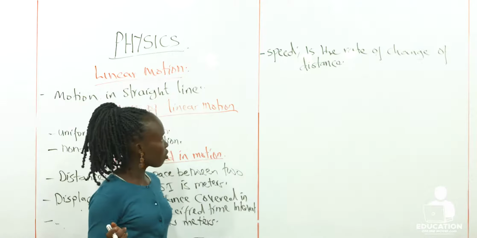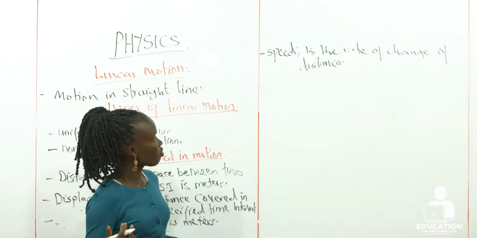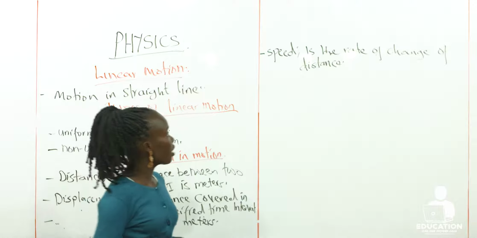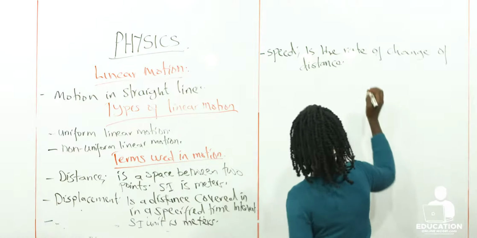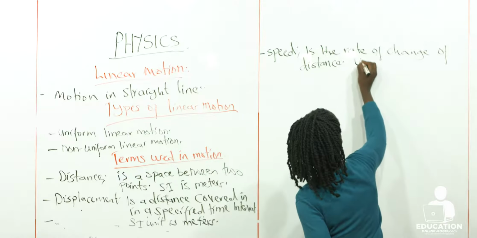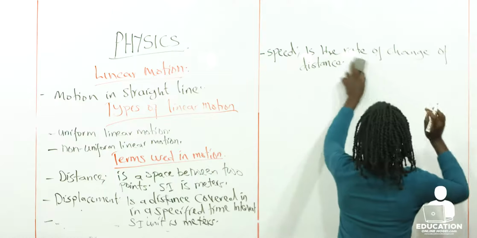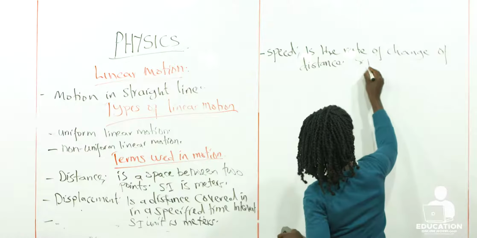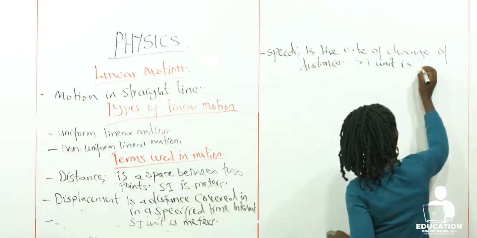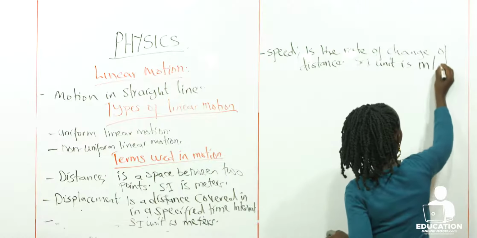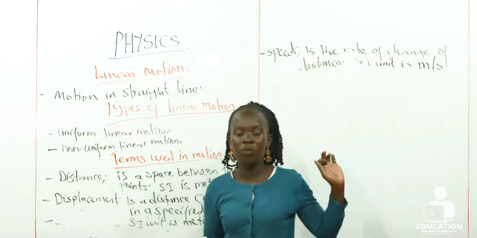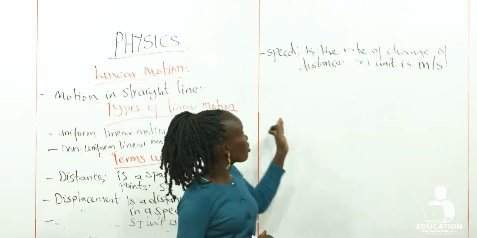Before we reach the velocity, let's talk about the SI unit for speed. The SI unit is meters per second.